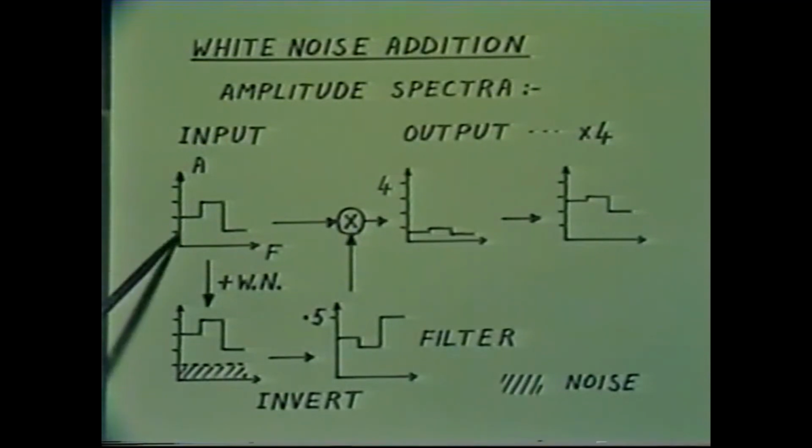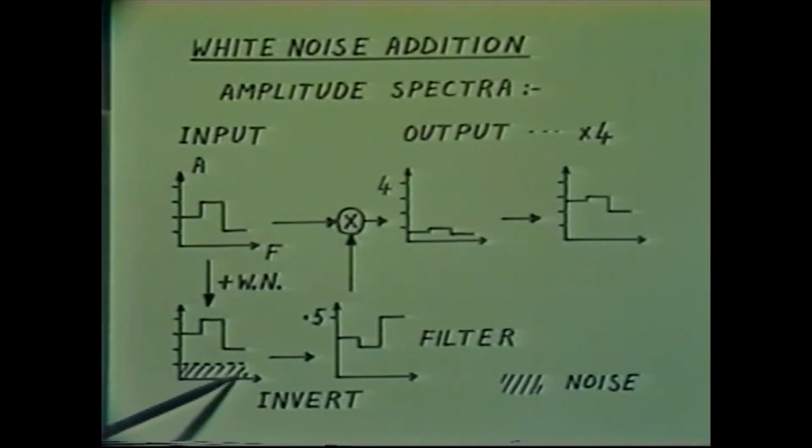If we have, say, a very simple input spectrum like this, amplitude spectrum, that has some white noise added to it. We're indicating that we've raised the whole level of the amplitude spectrum by adding a certain quantity of white noise, which in effect is the same amplitude at all frequencies, and then inverting that spectrum with the white noise added. That gives a filter spectrum looking like this.